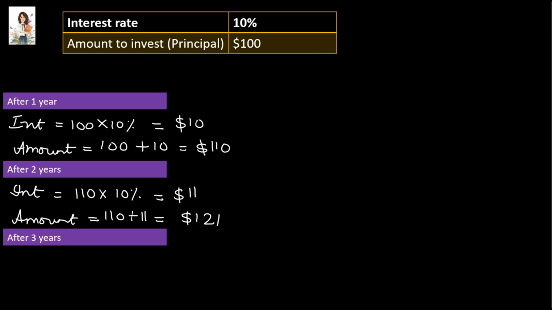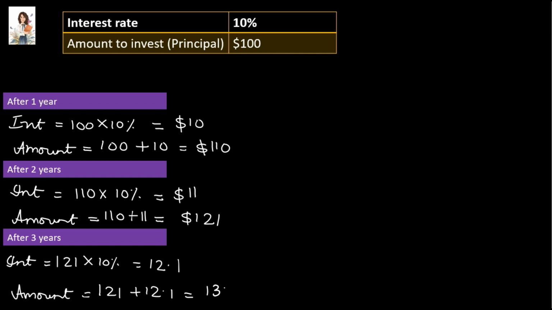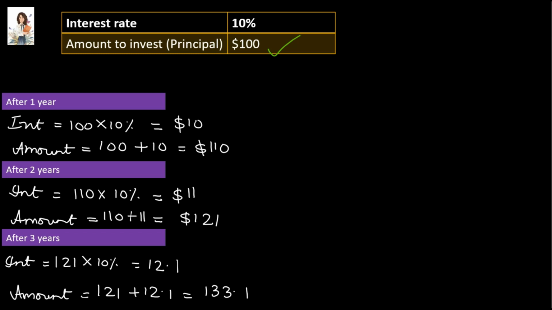Reinvesting the $121, I will get an interest of 121 into 10%, that is $12.1, and the total amount after 3 years will be 121 plus 12.1, that is $133.1.